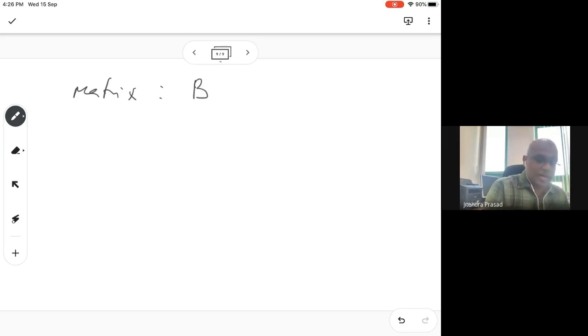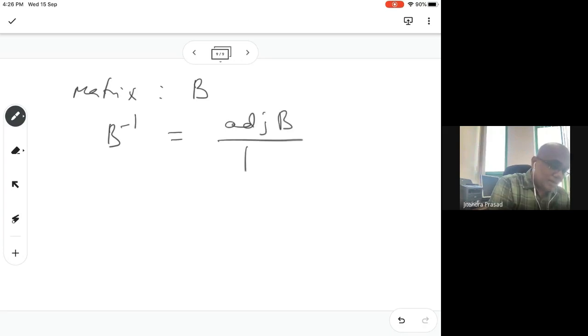So matrix B. Then B inverse is equal to adjoint B divided by determinant of B. This is the definition of B inverse, right? And how do you make adjoint B? Adjoint B is the cofactors, so you take the cofactors and then you transpose it. That's what you do.